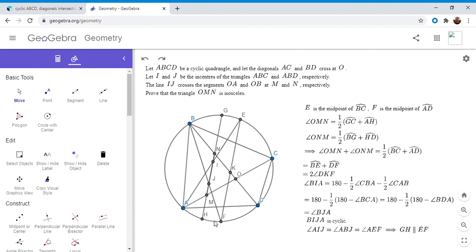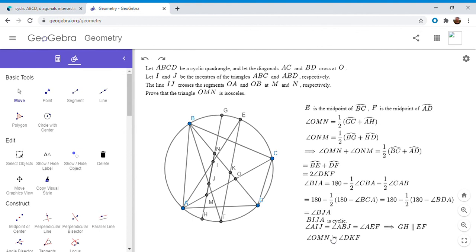If it's true that those two are parallel, then that would mean that ONM has to equal DKF, because they're corresponding angles. So actually, it would probably make more sense to put ONM is equal to DKF, because they're corresponding angles.